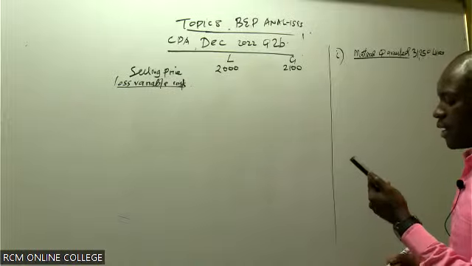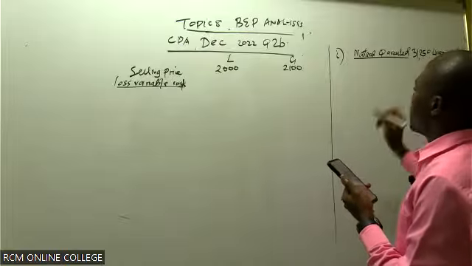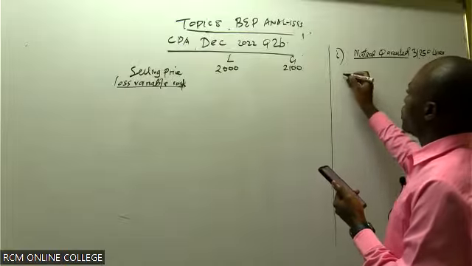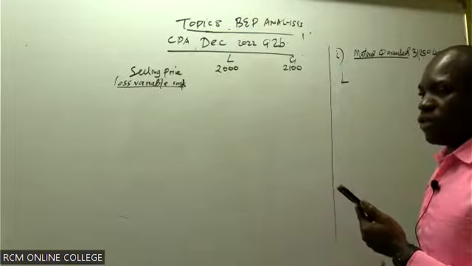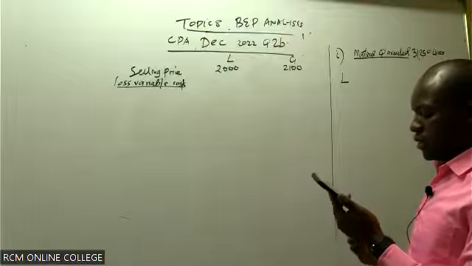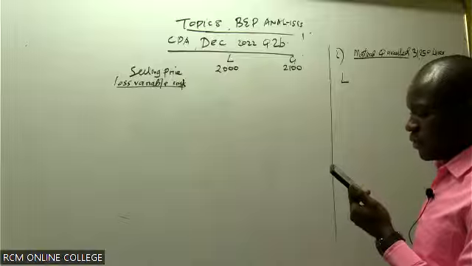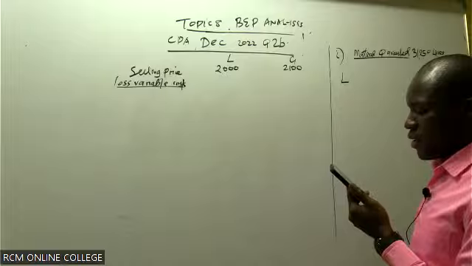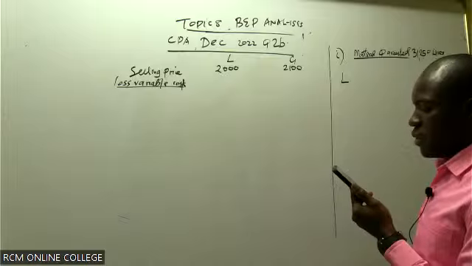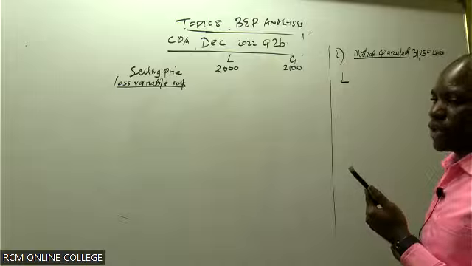31,250 liters. Now, how many liters of material Q do we need to produce 1 unit of L? How many liters? Watu wote wameniangusha.